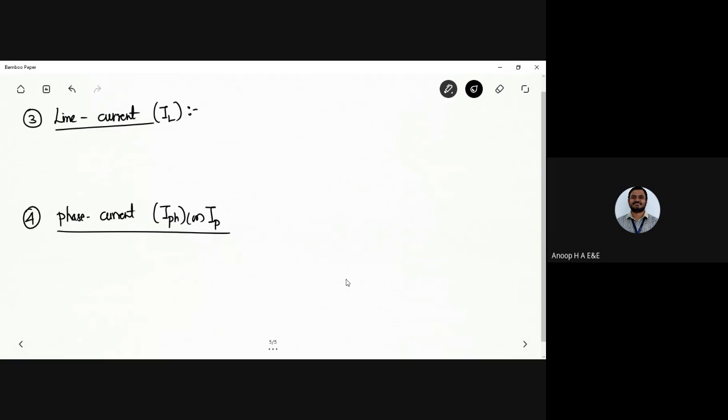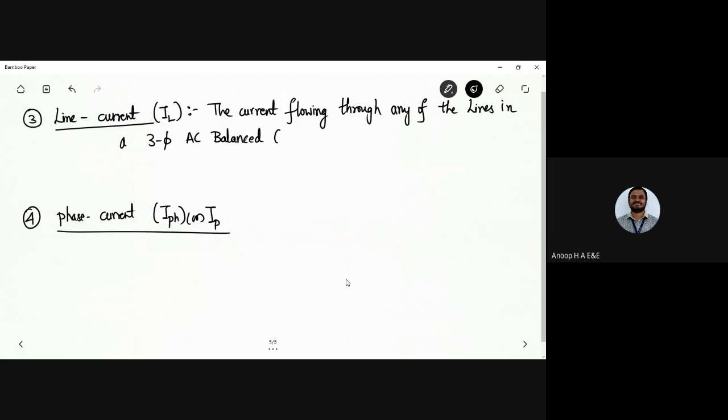Line current means the current flowing through any of the lines in a three-phase AC balanced circuit. These are called line currents.